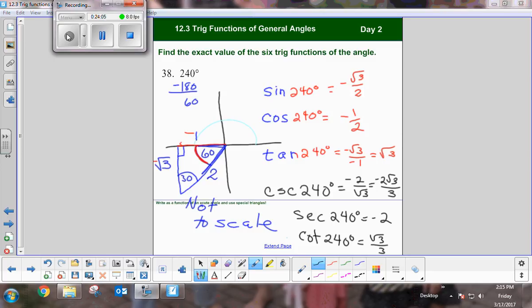One of the students just asked about values for other angles. Notice this problem said, find the exact value. Now, I don't know the exact value for the cosine of 20 degrees, but I do know them for 30, 60, 90, 45 degrees. Okay, 180, 270. So whenever it says find the exact value, you have two different circumstances to look at.